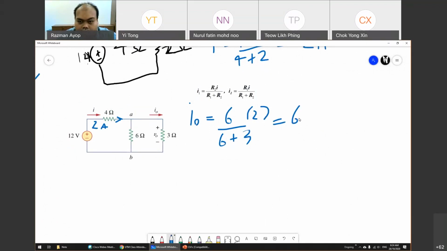You get 6 divided by 9 multiplied by 2, so 1.33 ampere.